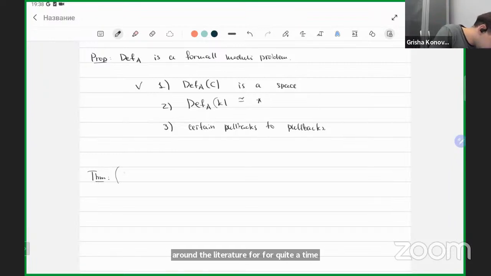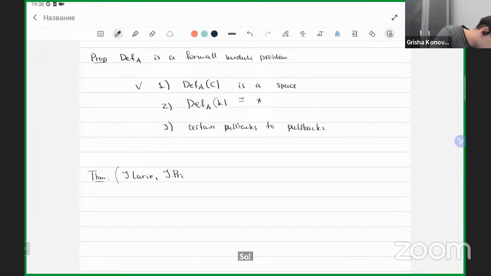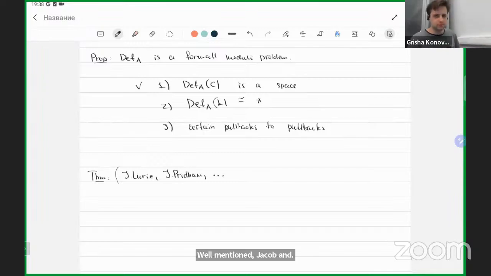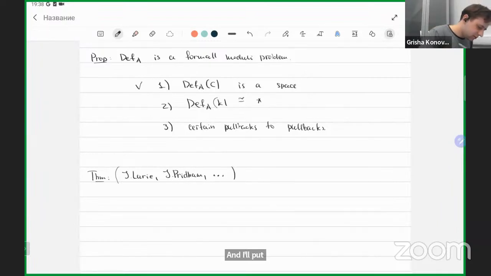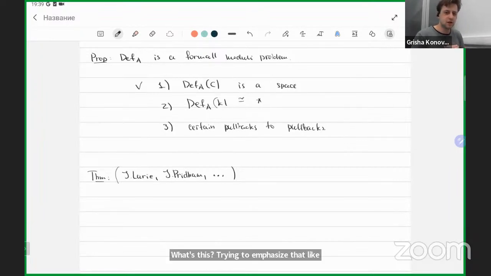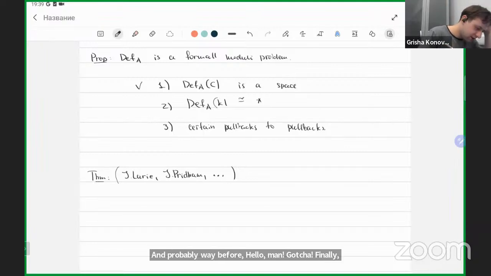So I will mention Jacob Lurie and John Pridham, and I will put this sign to emphasize that there were other people thinking about that, probably way before Lurie and Pridham got to finally write something about it.